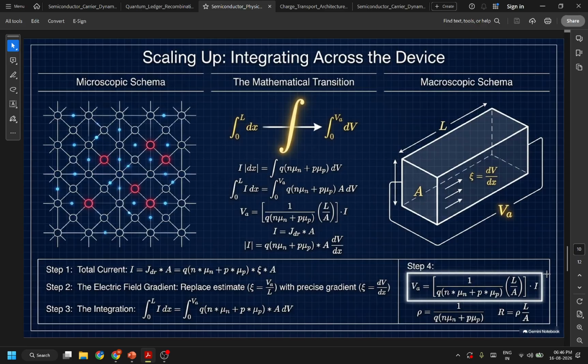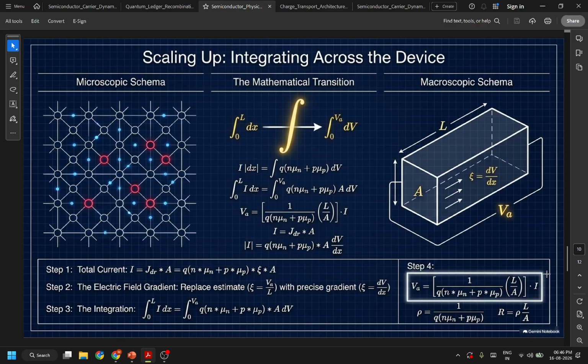Now if we integrate it across the whole device, so microscopically you have lattice points which are filled with electrons and holes, and you have movement across the band. So now we integrate it over the whole volume.